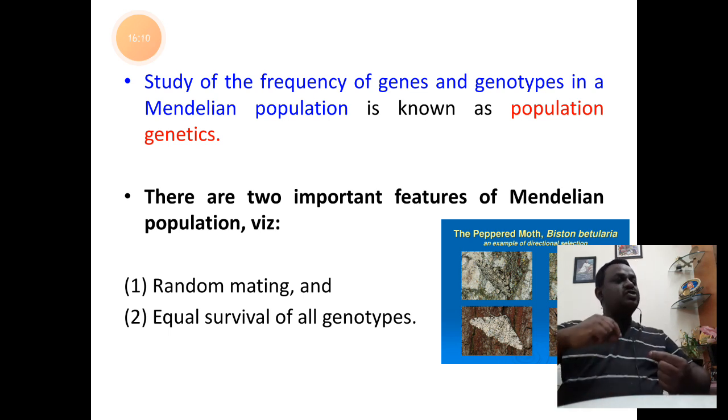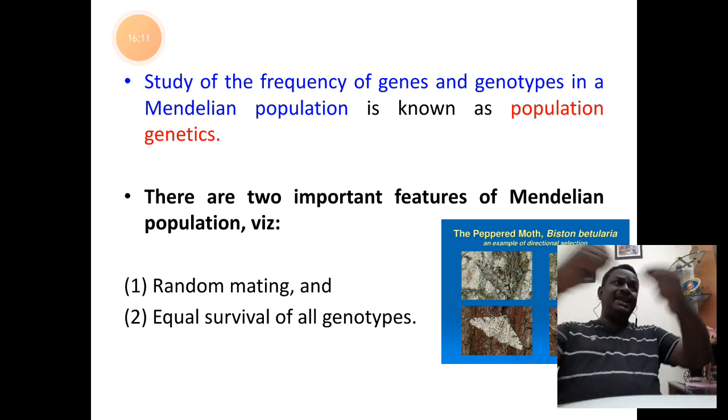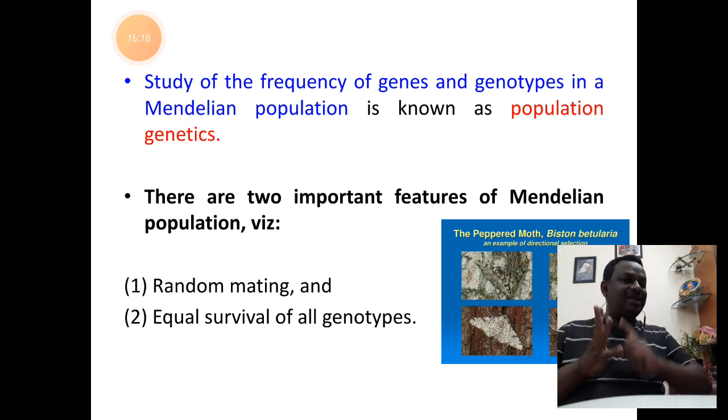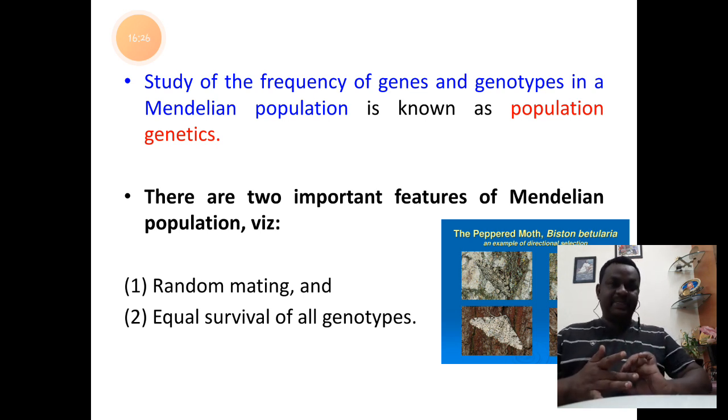A particular individual can mate with any of the individuals of that particular population. So that random picking is allowed. That is called random mating. Number two, all genotypes of individuals have equal survivability. Otherwise I can say no specific genotype is selective.